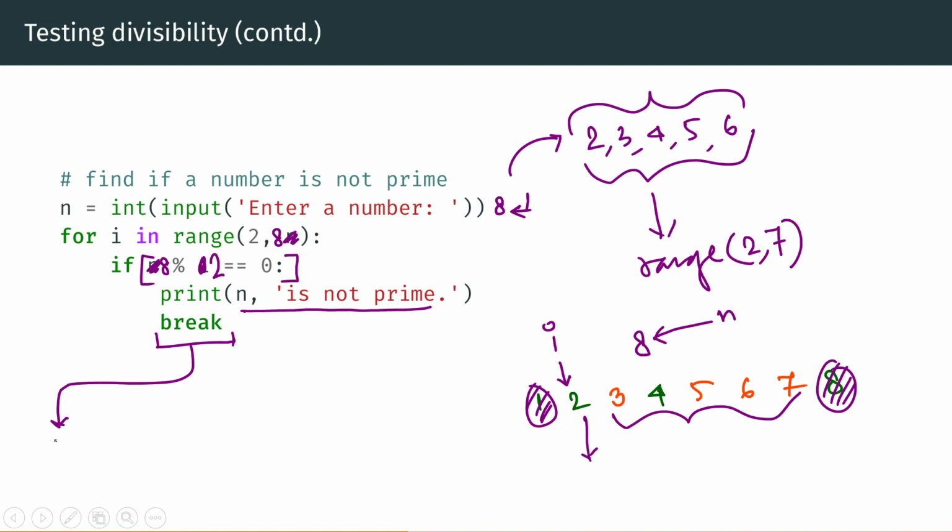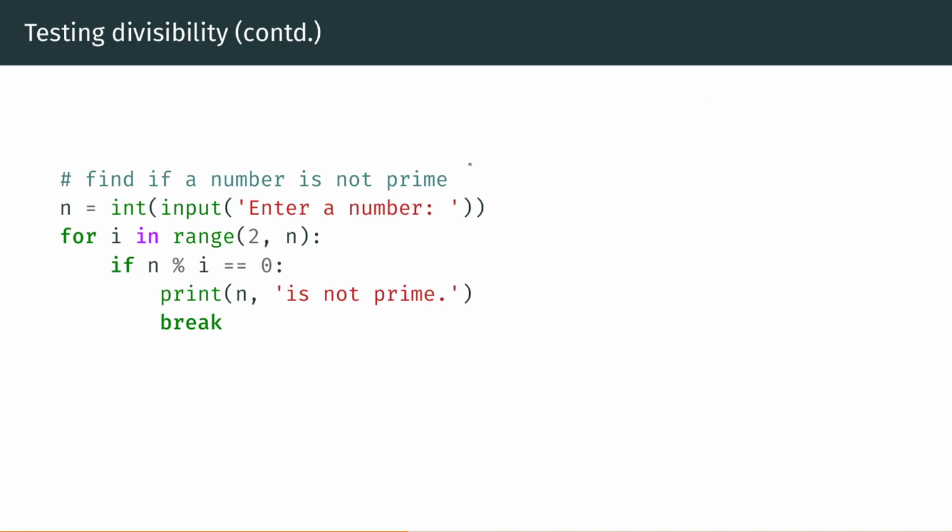If on the other hand, the number is indeed a prime, for example, if the number is 7, for I in range 2 through 7, which is 2, 3, 4, 5, and 6. So for every I, initially I would be 2.